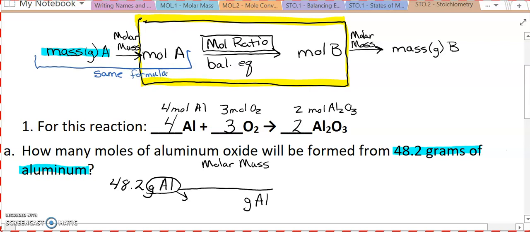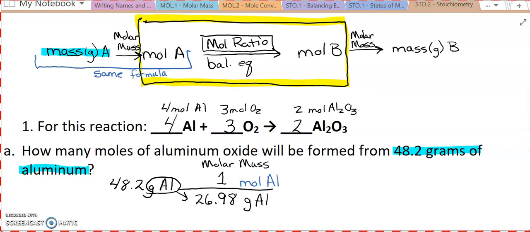So I can switch between grams of aluminum and moles of aluminum, but it is still going to be aluminum. Now, by definition, molar mass is the mass in 1 mole of anything, which happens to be aluminum. I can use my periodic table to find out that its mass is going to be 26.98 grams of aluminum.